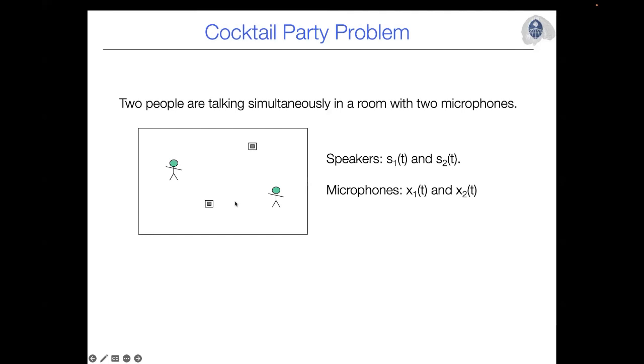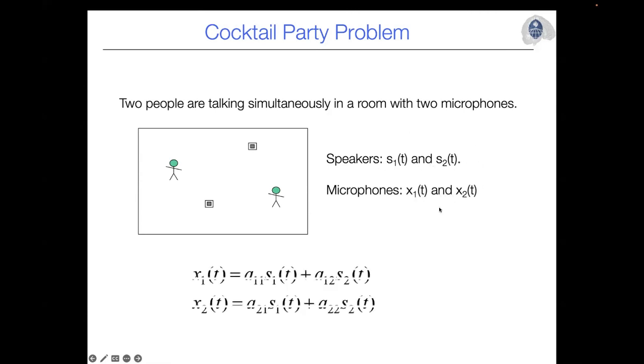And so here we have two speakers, S1 and S2, which are speaking over time, and we have two microphones, which are picking up some combination of these two over time. And so we can write the microphone data as follows: microphone 1 at time t is picking up conversation 1 with a certain weighting and conversation 2 with a certain weighting, in some linear combination.